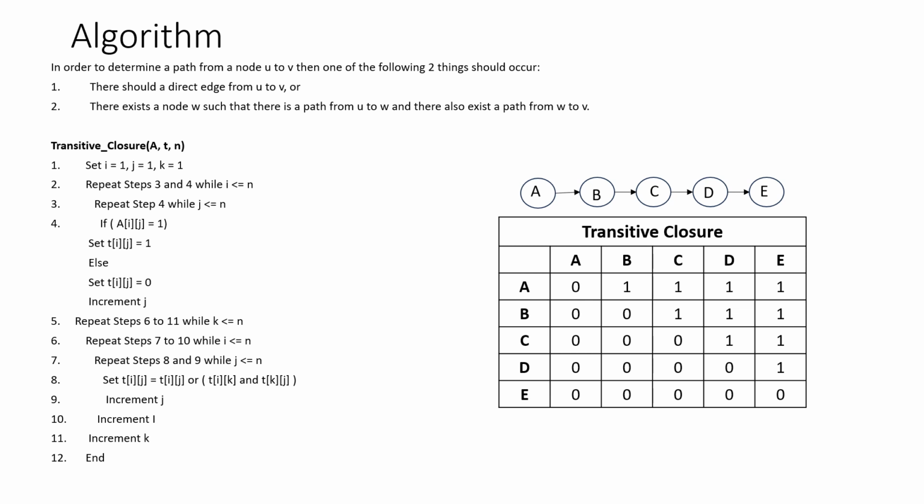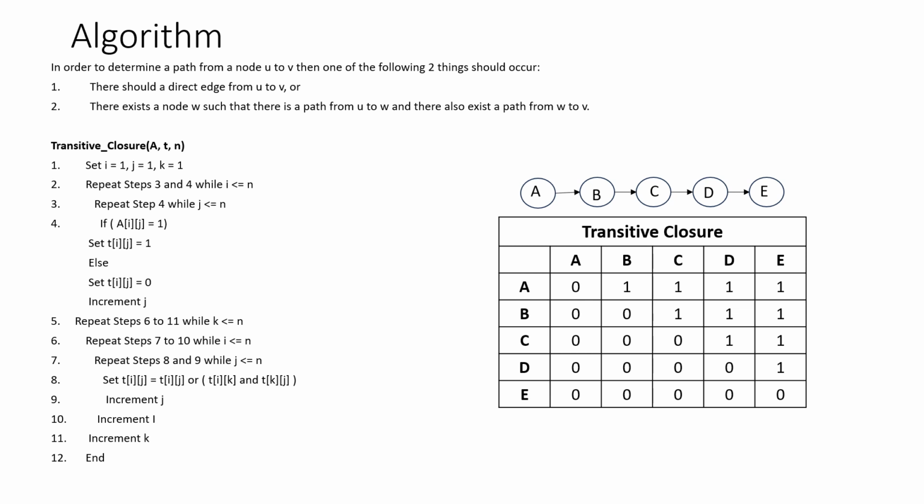Now from step 5 to 11, we are using three for loops. I and J, two for loops, we are using for traversal, and the first for loop is used for finding the intermediate vertex K. If we found the intermediate vertex K, and if there exists a path from I to K and K to J, then we can set that entry to 1.